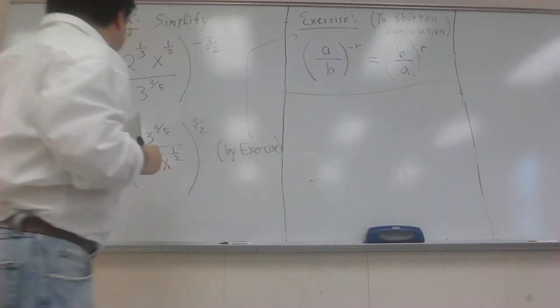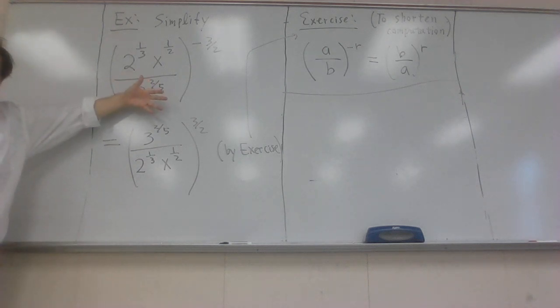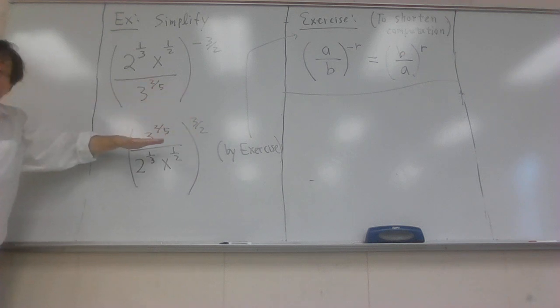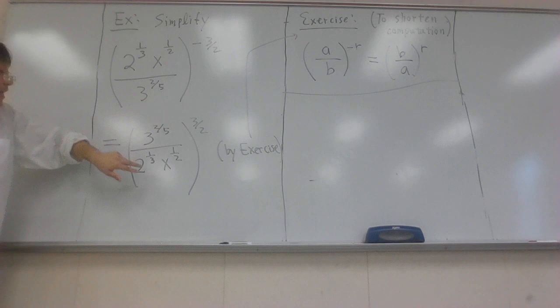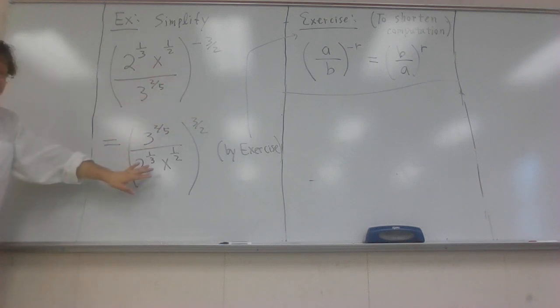Okay, so the first thing I would do is use the rules which say that I can distribute this exponentiation over this multiplication, over this division and this multiplication.